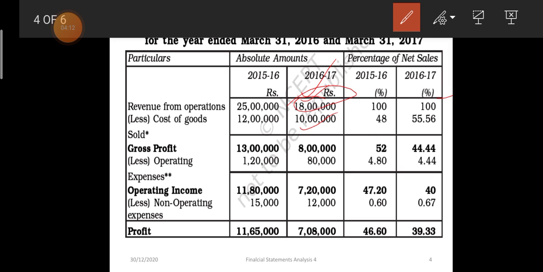Then 10 lakh divided by 18 lakh into 100, 55%. 8 lakh divided by 18 lakh is 44.44%. 80,000 divided by 18 lakh into 100, 4.44%. 7 lakh 20 divided by 18 lakh is 40%, and 12,000 divided by 18 lakh into 100 is 0.67%.